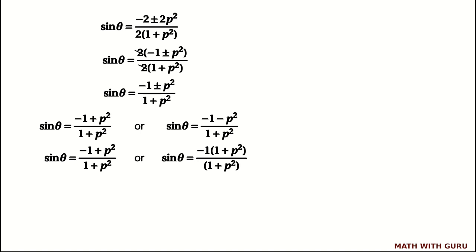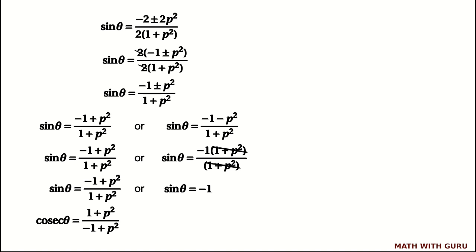Bring minus 1 common factor outside: minus 1 into (1 plus p squared) divided by 1 plus p squared. 1 plus p squared, 1 plus p squared, they get cancelled. Sin theta equals minus 1 plus p squared divided by 1 plus p squared, or sin theta equals minus 1.